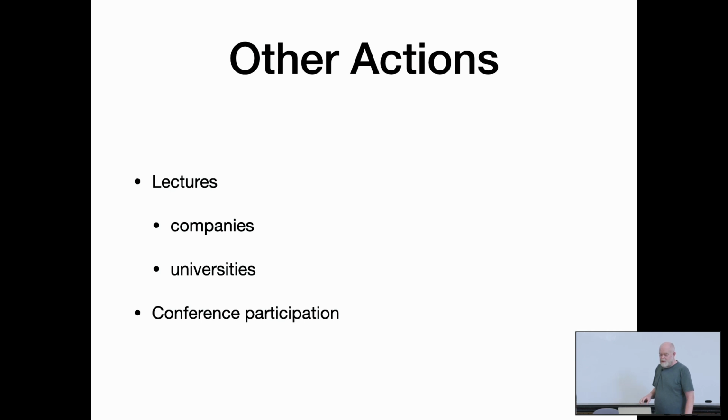Another action is that the consortium can give lectures at companies or universities. And you don't need to be a member to get a presentation, of course. Even if you're not a member, you can contact the consortium to do that.